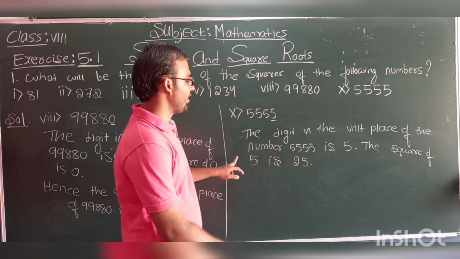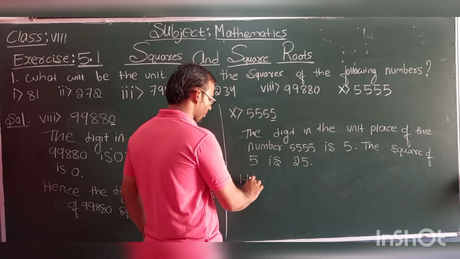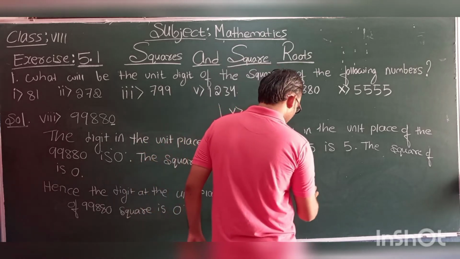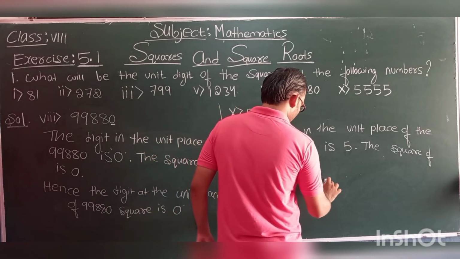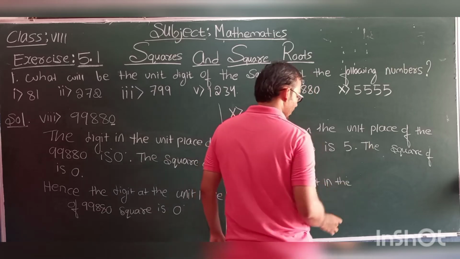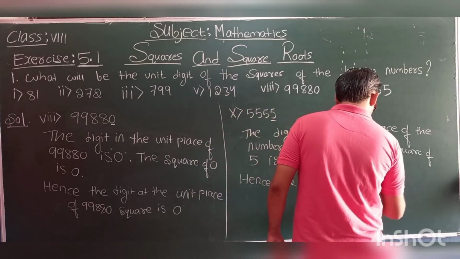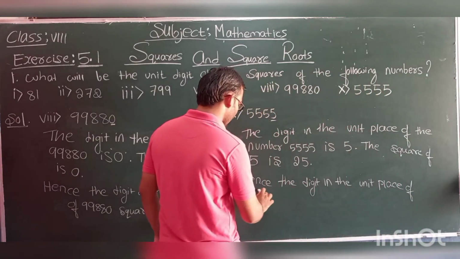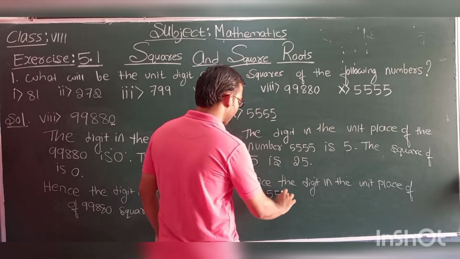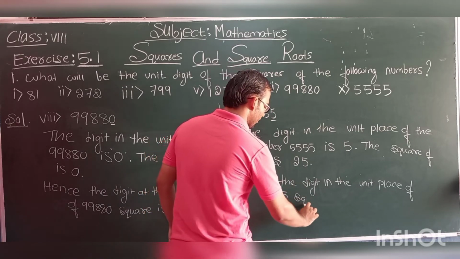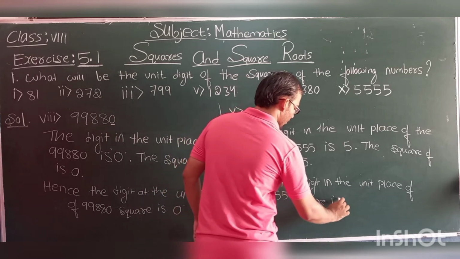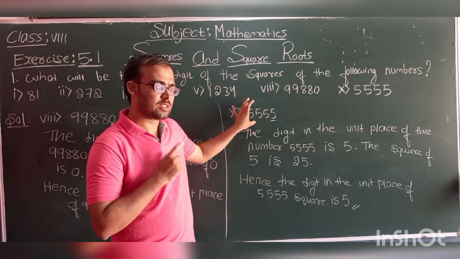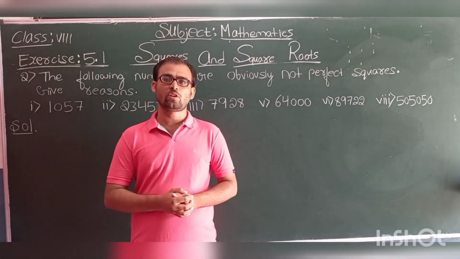Hence, the digit in the unit place of 5555 square is 5. Here the digit in the unit place of the square of this number is what? 5. Students, now let us solve the second question.